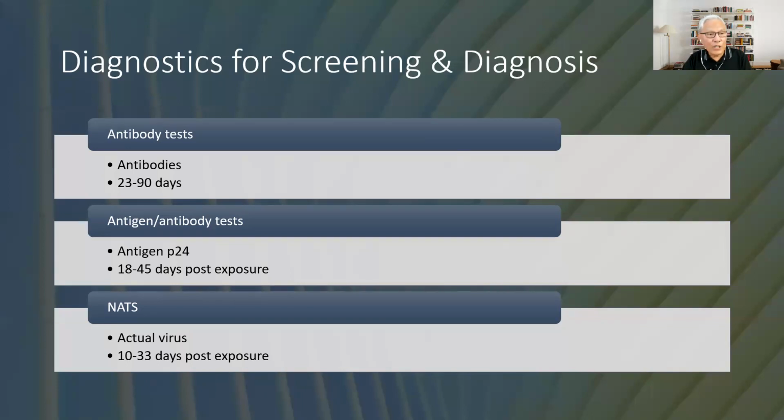It usually can detect the presence of the actual virus, not antibodies, within 10 days to 33 days after exposure. Okay? So NATs, again, is for nucleic acid test. Let me write that down.